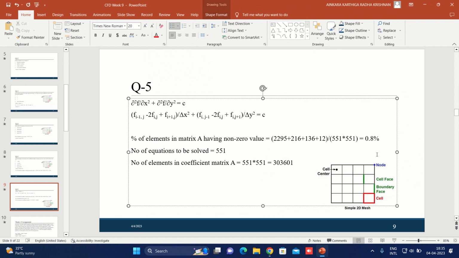We should be ignoring the boundary points. When we are ignoring the boundaries, how many equations would we be having? In the boundary points we would know the values. And also if we take the grid next to the immediate boundary, then boundary conditions would be coming into picture in those equations.